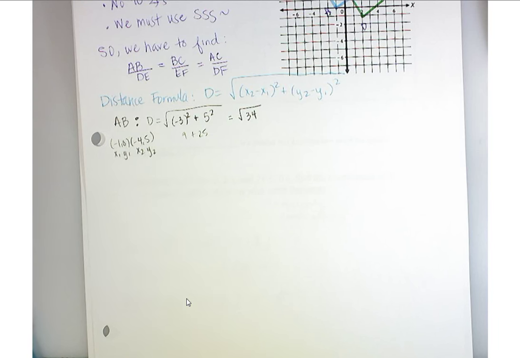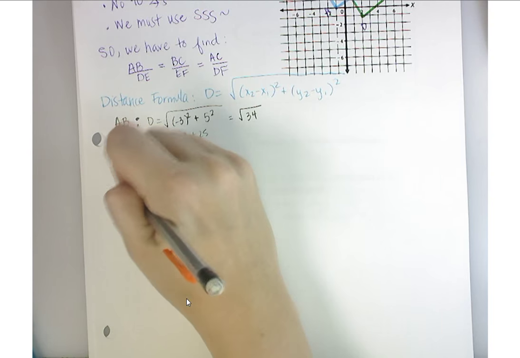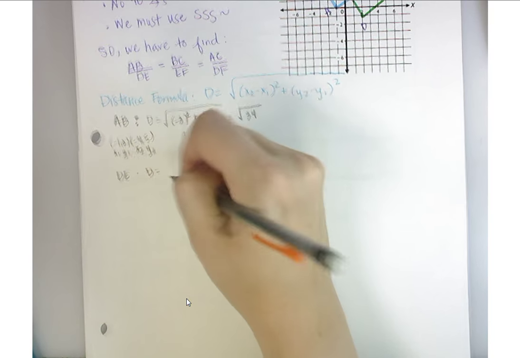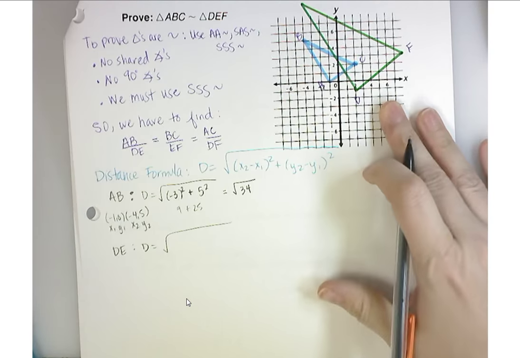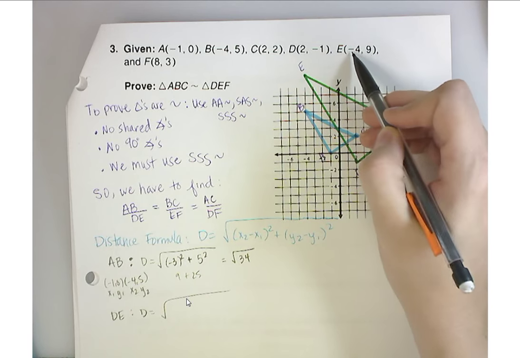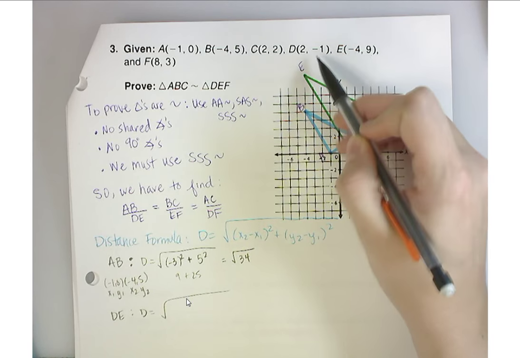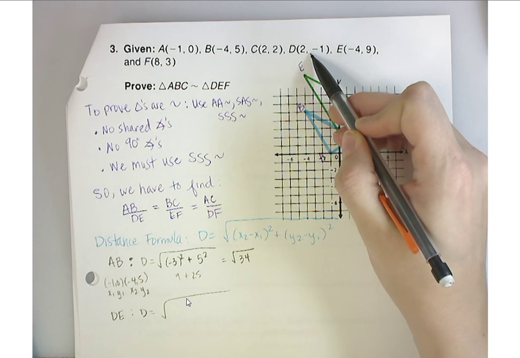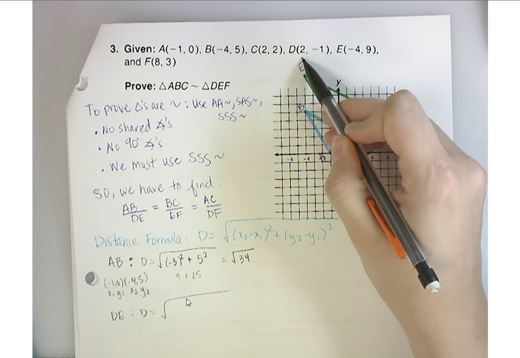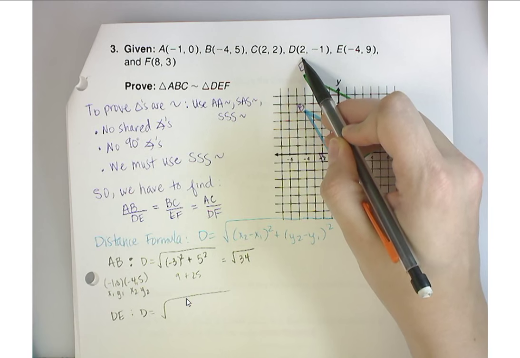Okay, so now I'm going to find DE. And then if you want, you can also just use the points from up here. So if this is DE, -4 minus 2 is -6. -6 squared is 36.